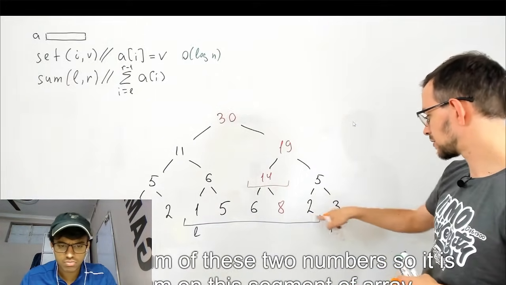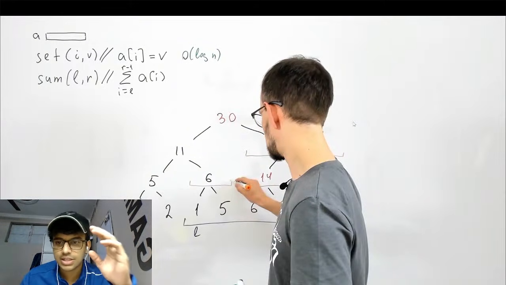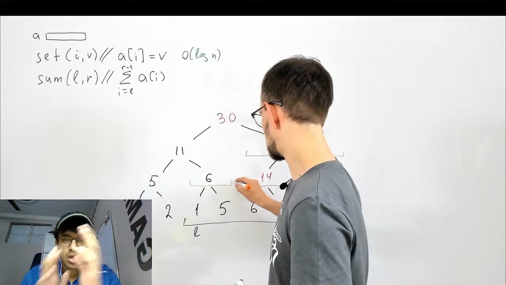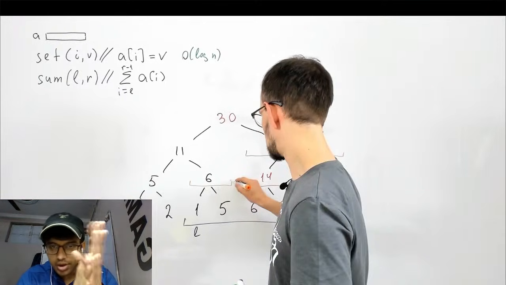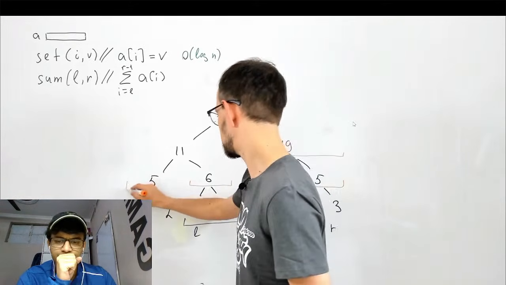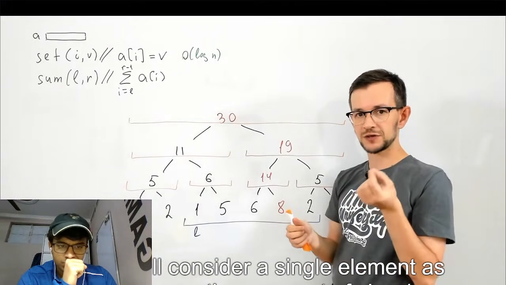Okay, let's focus. 5 is the sum of these two numbers, so it is the sum of this segment. The second operation we have is that if we are given an array and we want to find out the sum of a range from L to R, that would also take log n time. The bottom layer contains single elements, and we consider a single element as the sum on a segment of size 1.